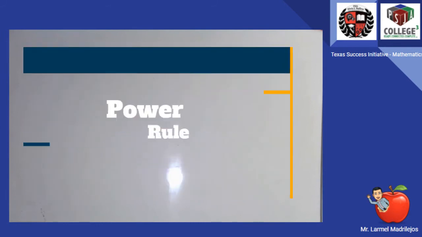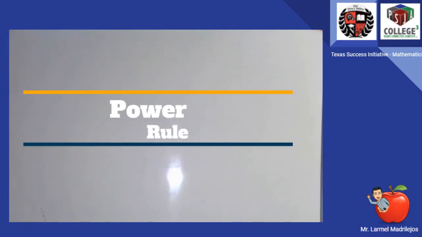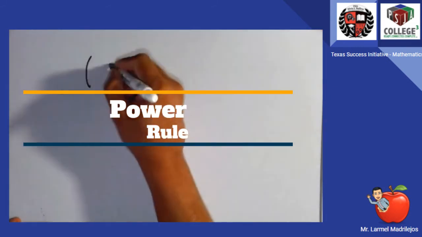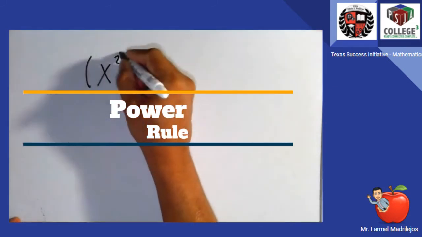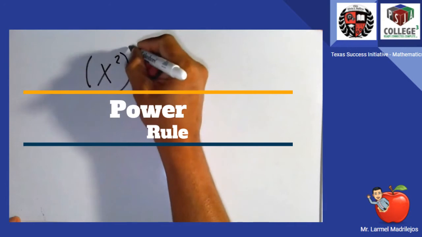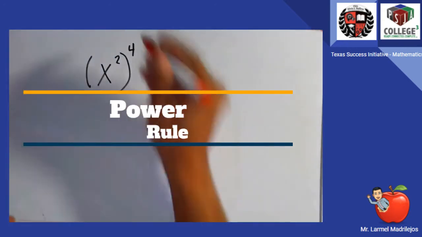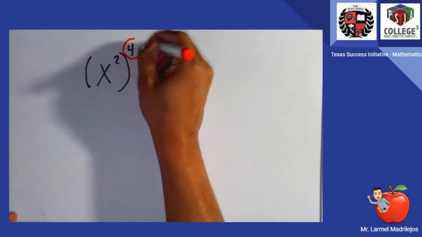Next is the power rule. Okay, product rule and power rule look confusing. In the power rule, x raised to 2, raised to 4. This is the power rule.